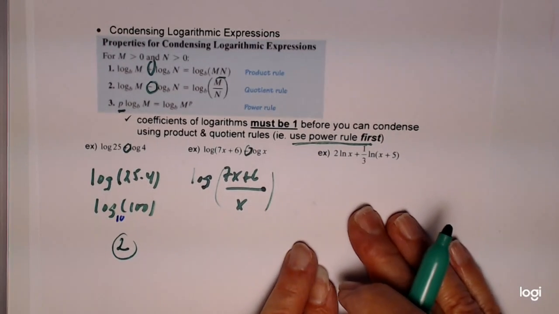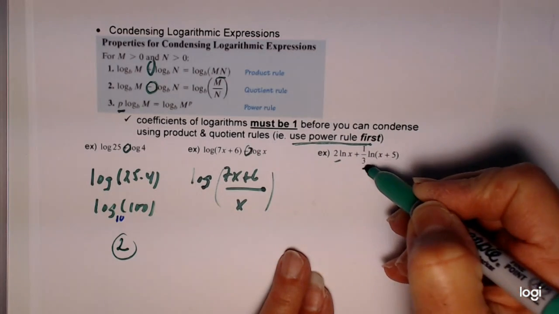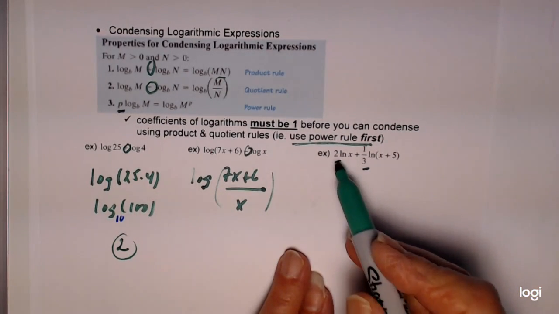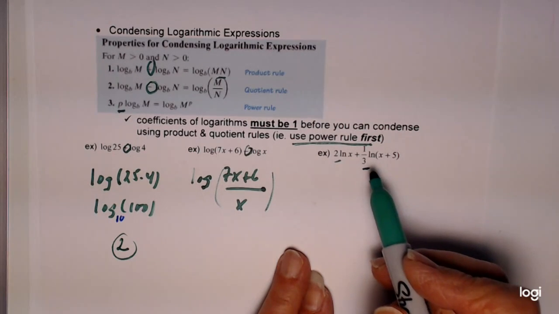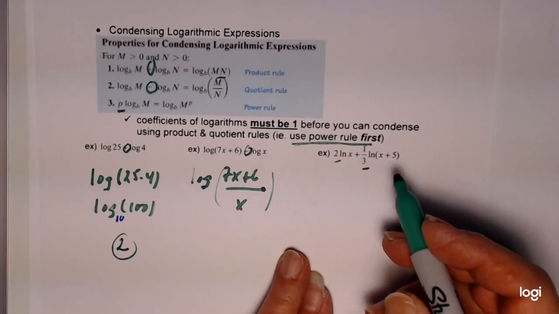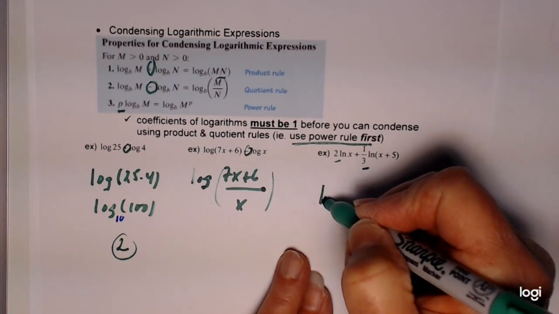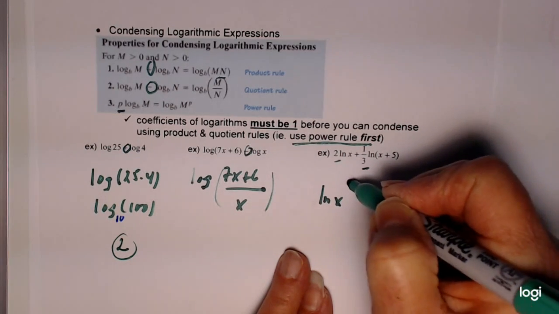Next one, looking at this example, I'm seeing a 2 and a 1/3 as coefficients in front. So the first thing we're going to do here is put these exponents back in the air, if you will. So here we're going to have natural log x and now x squared.